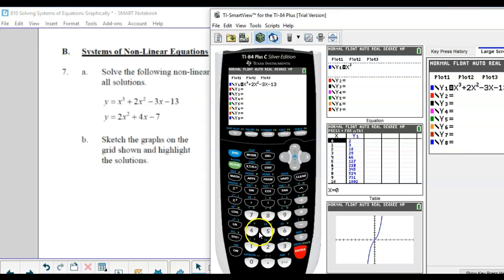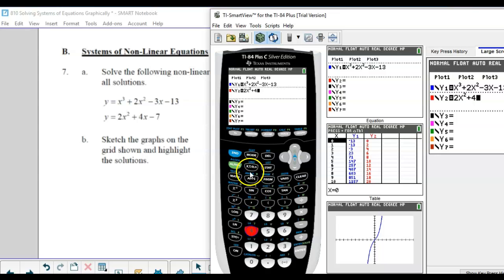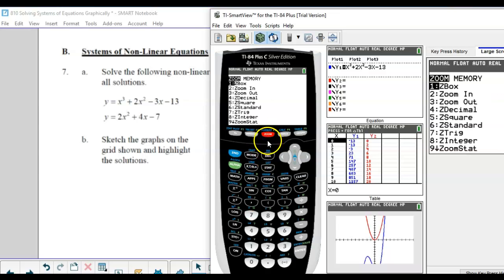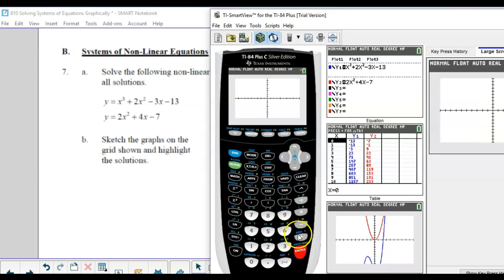And then the other one, 2x squared plus 4x minus 7. Now I always suggest starting with what we call a standard screen. So go to Zoom and down to standard, or just press 6. Enter on that, and it will graph.